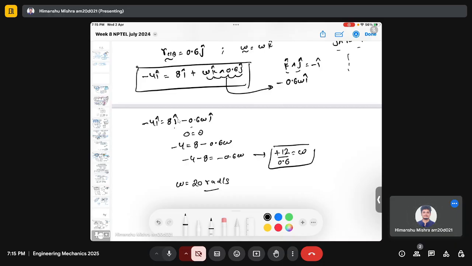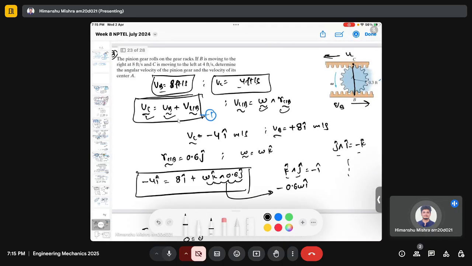So the angular velocity of the pinion is 20 rad per second.